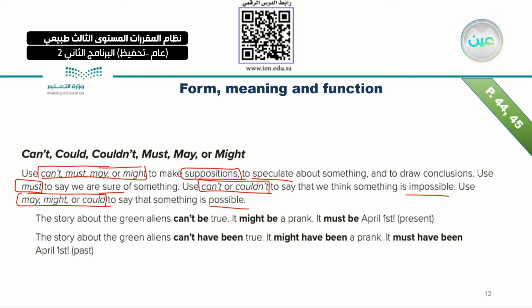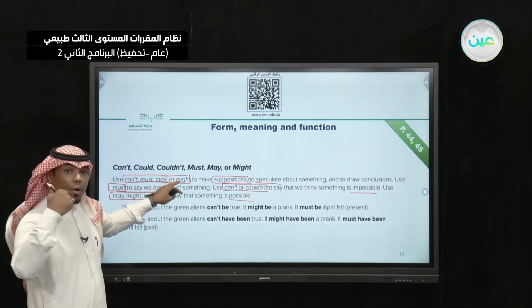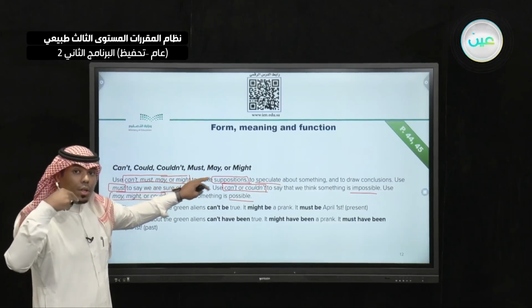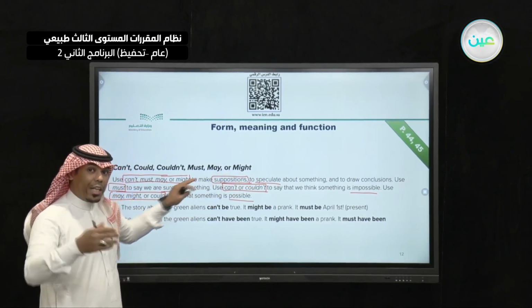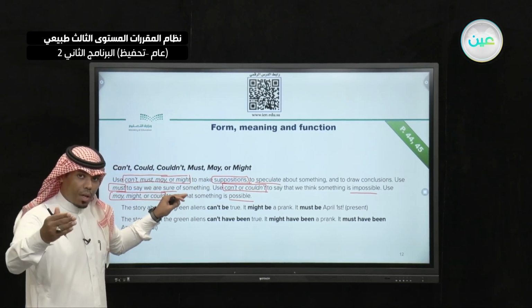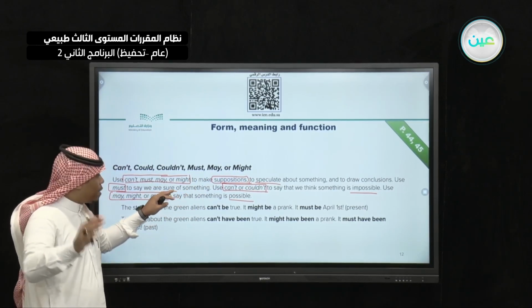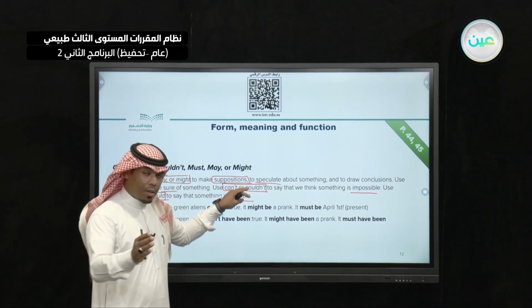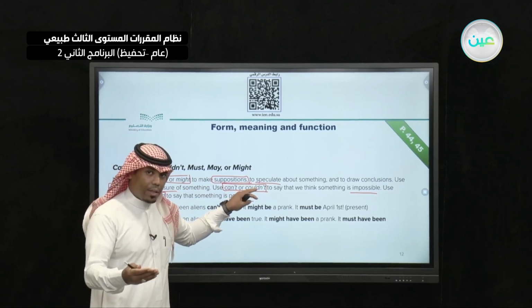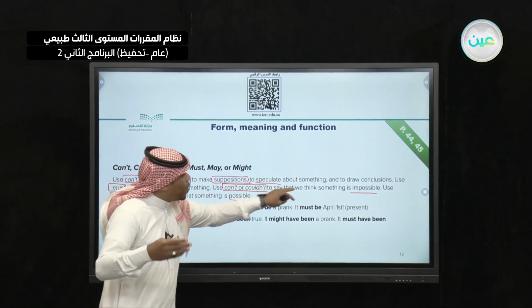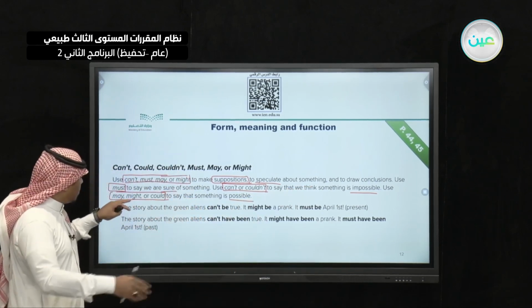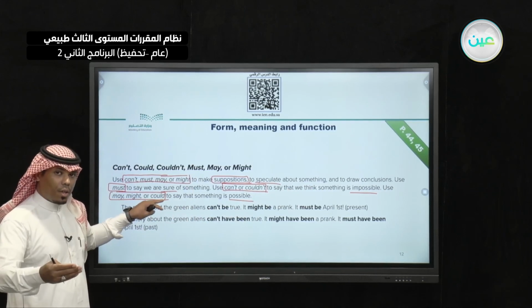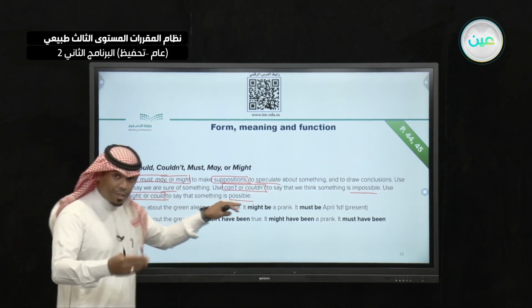So here again, these modals are used to speculate, while you use must if you are sure about something. Use can't or couldn't if you think something is impossible, while you can use may, might, or could if you think something is possible.